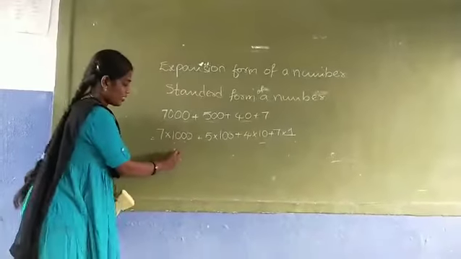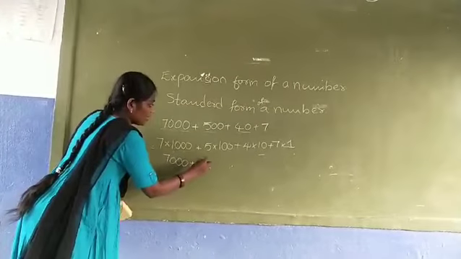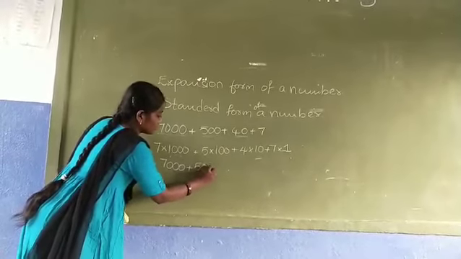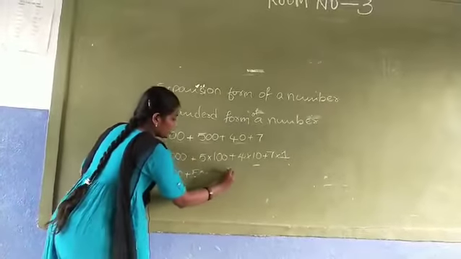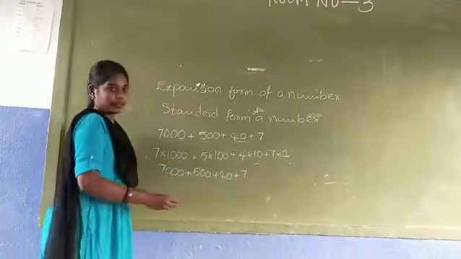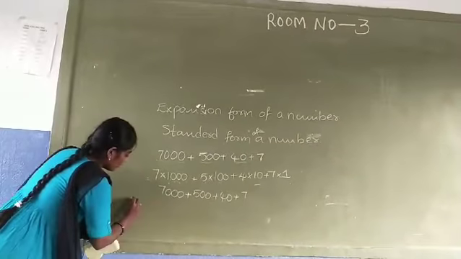7 into 1000, that is 7000, plus I am multiplying 5 with 100, 500, plus 4 into 10, 40, plus 7 into 1, 7. I am adding these numbers like this.